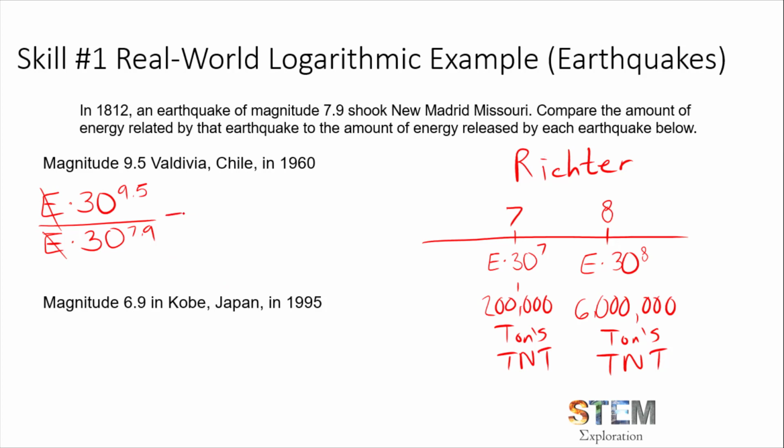And then we can use our knowledge of exponents: if you have A to the m divided by A to the n, this is equal to A to the m minus n. And so what we can do here is go 30 to the 9.5 power, subtract 7.9 from that power, and you would have 30 to the 1.6 power.